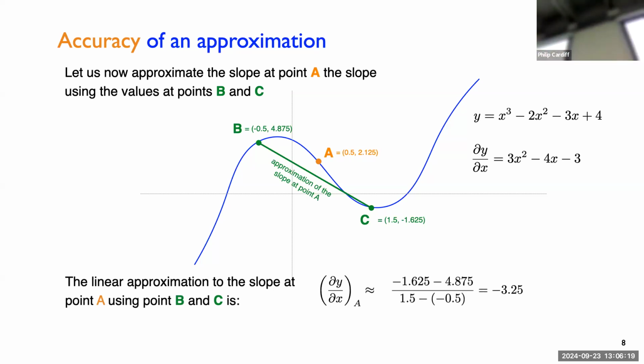So sub in the values here, minus 1.65 and the y value there, divided by the difference in x. So you can see it's minus 3.25. So the correct answer is minus 4.25, but this approximation is minus 3.25. So the true slope you can see is steeper, minus 4.25, than our approximation, which is a little bit less.